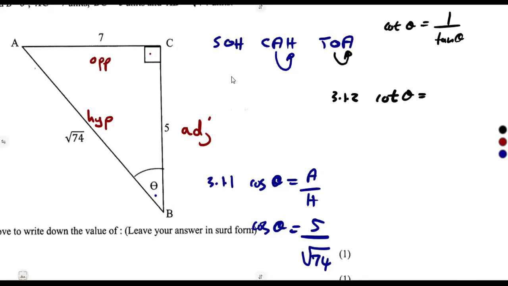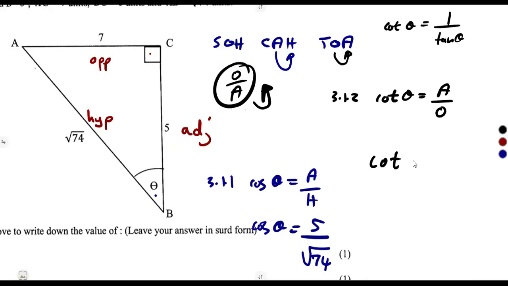Tan is opposite over adjacent, so 1 over this means the reciprocal, adjacent over opposite. So that is your cot of theta, which is the adjacent, 5, over the opposite, which is 7. So that is 5/7.